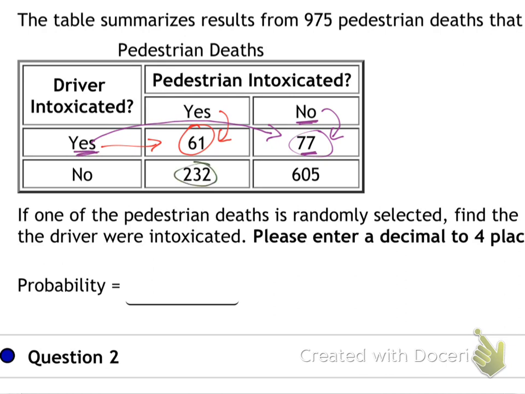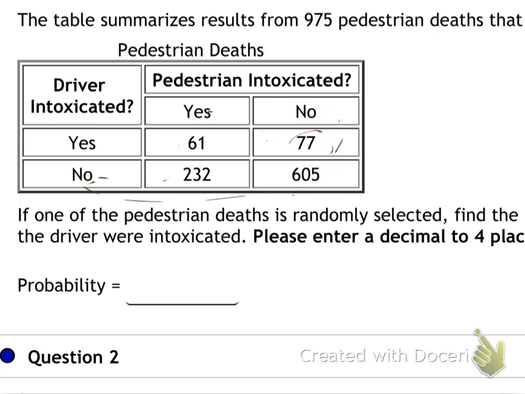How about these 232? The pedestrian's a yes, the driver's a no. The driver was not drunk, but the pedestrian was. And then finally, what's up with these 605? Neither the driver nor the pedestrian, just a sad accident, but nobody was intoxicated.